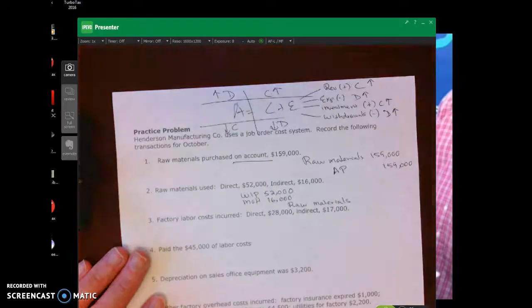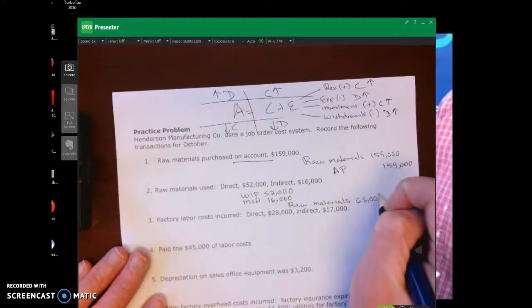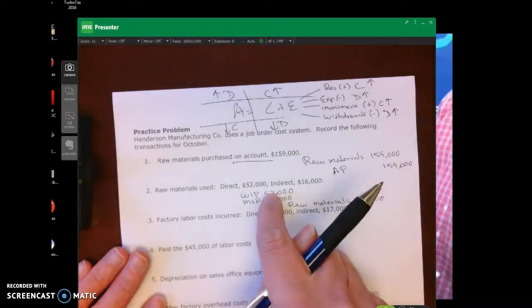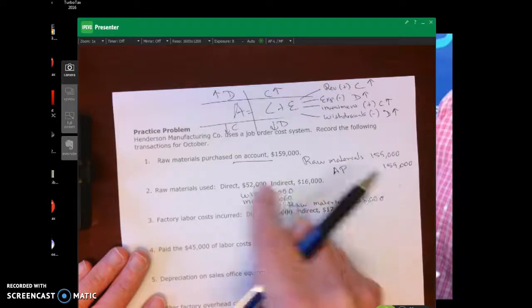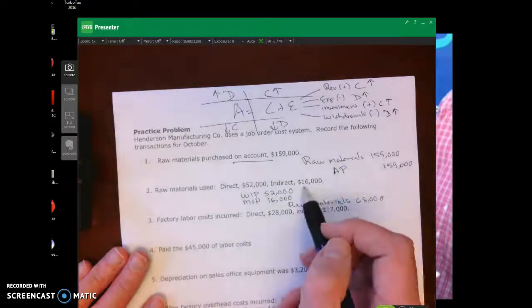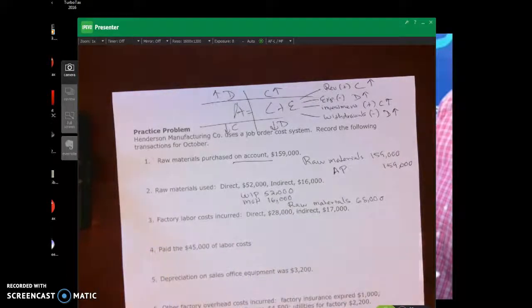The way I decrease an asset account is with a credit, so that's $68,000. WIP is another asset account, and so work in process is going up by $52,000 for the direct materials. Manufacturing overhead is just a temporary area where we hold all of our indirect expenses, so it's a debit of $16,000.